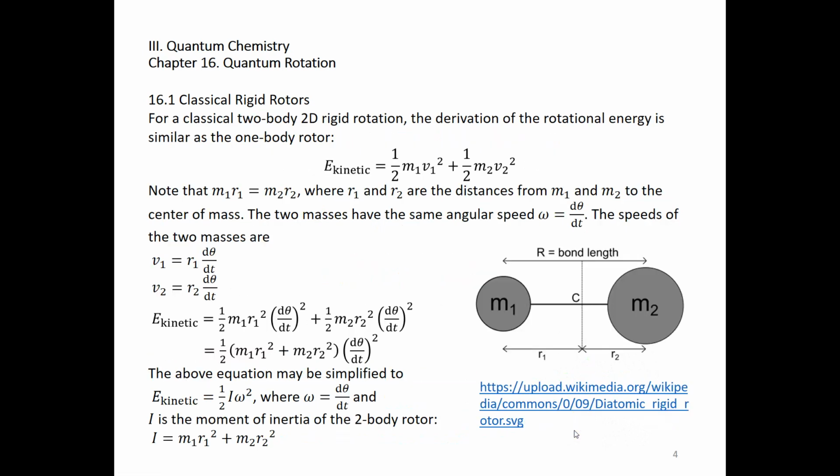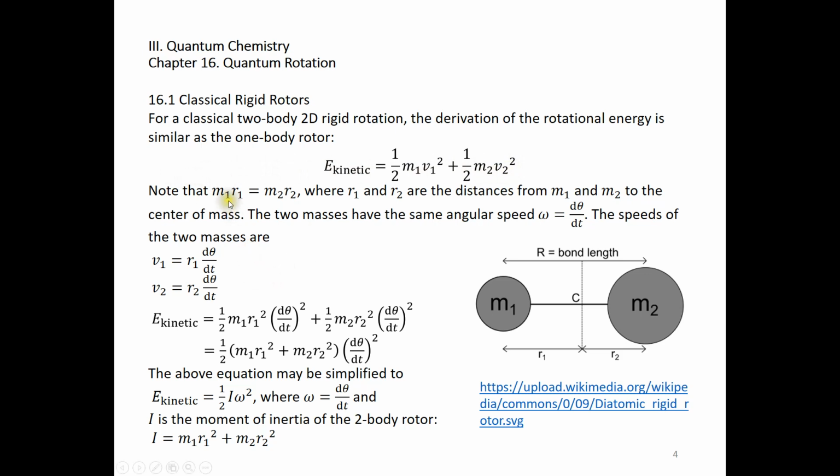For a classical two-body, two-dimensional rigid rotation, the derivation of the rotational energy is similar. But there are two particles. Therefore, the total kinetic energy is 1/2 m1 v1 squared plus 1/2 m2 v2 squared. m1, m2 are the masses of the two particles. v1 and v2 are the speeds of the two particles.